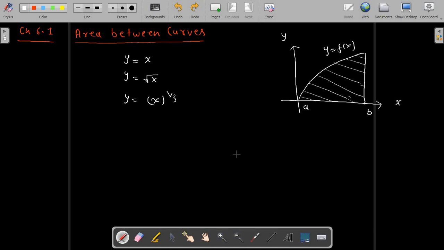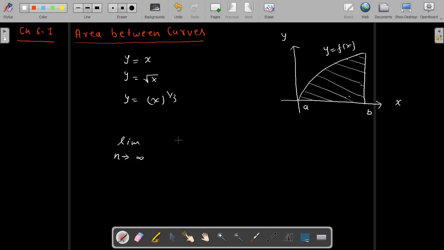Then from the approximate methods, we got to know that we can do it mathematically by introducing the integral. What is it? Integration. In the form of integration, it is written as the limit of the Riemann sum as n goes to infinity.